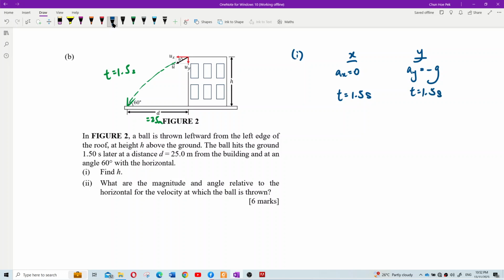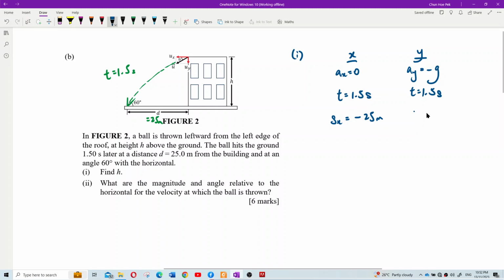And SX. The direction to the left is negative, so let's put a negative sign. SX, put it as negative 25 because you go to the left. SX is negative 25.